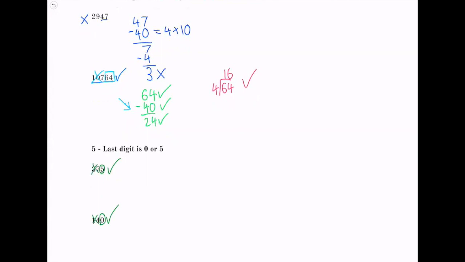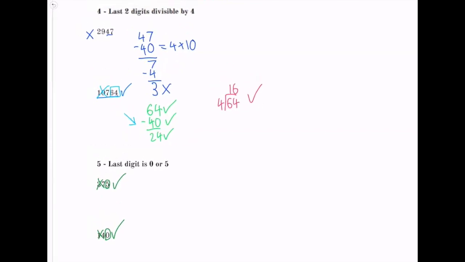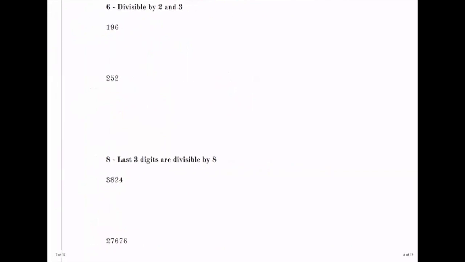Just look at the last digit. If it's 0 or 5, it's divisible. If it's like 1, 3, 9, or whatever that's not 0 or 5, it isn't divisible. Are there any questions on that trick? No. Okay, let's move on.